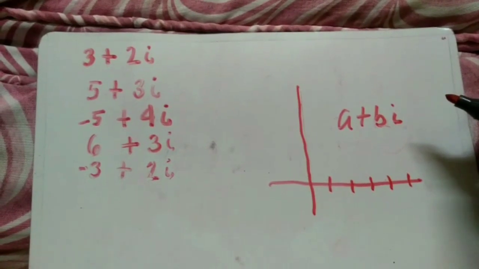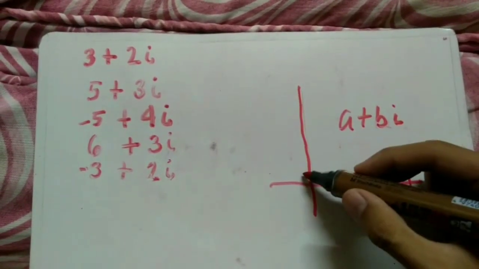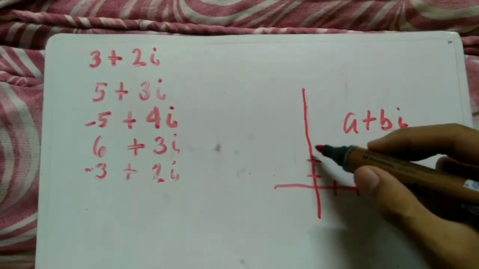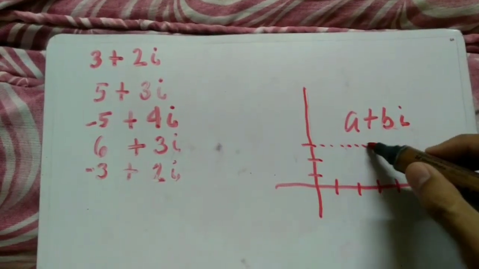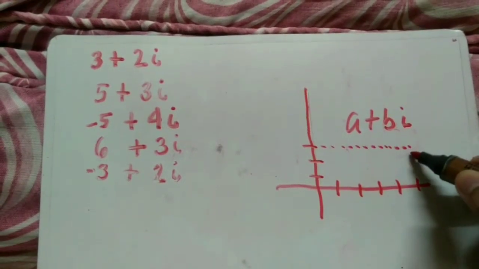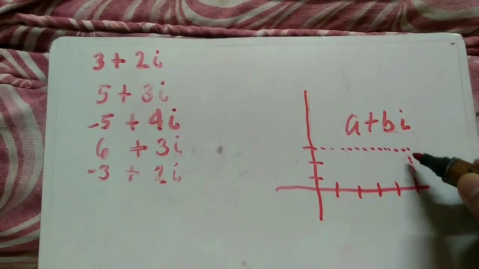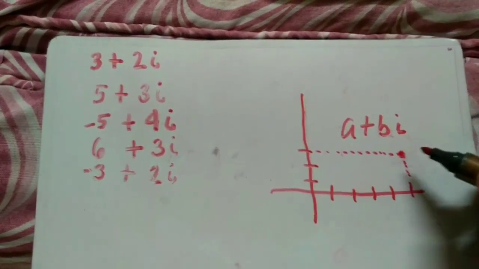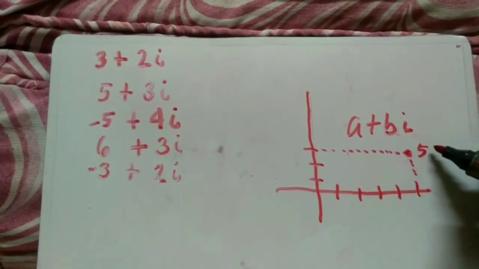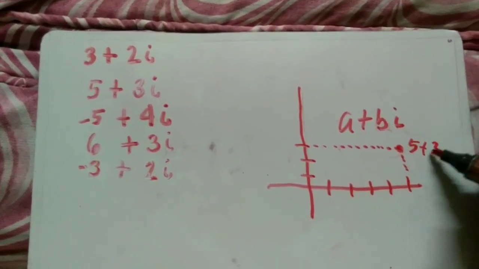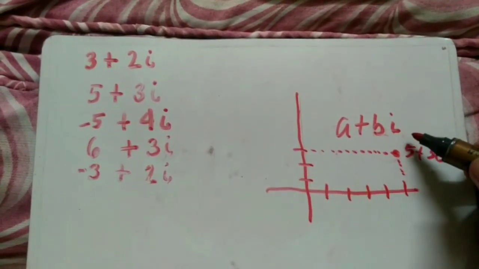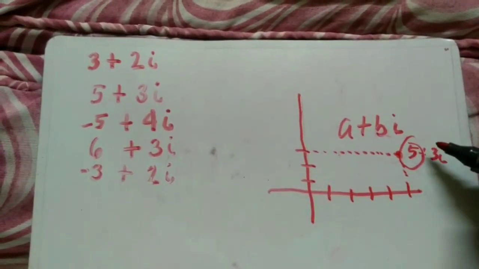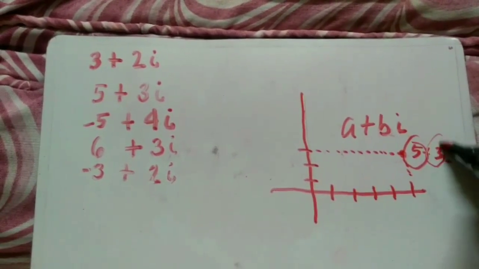Our b is 3: 1, 2, and 3. So our point will be here. This is 5 plus 3i. So the real part is 5 and the imaginary part is 3.